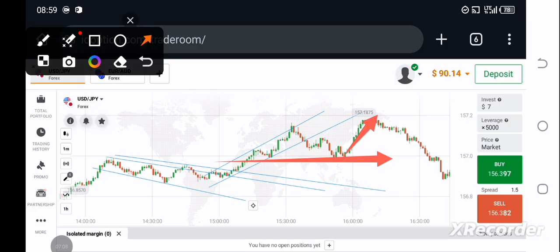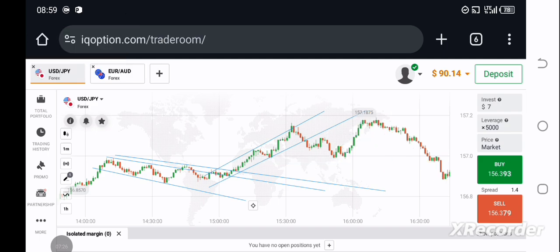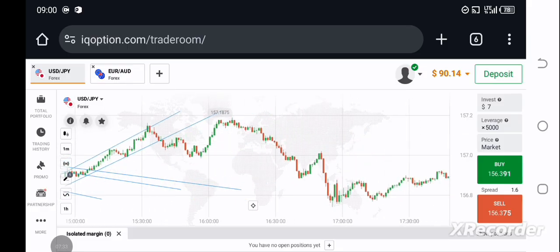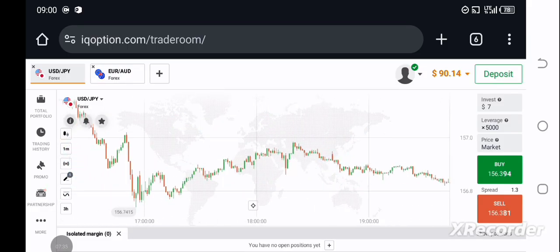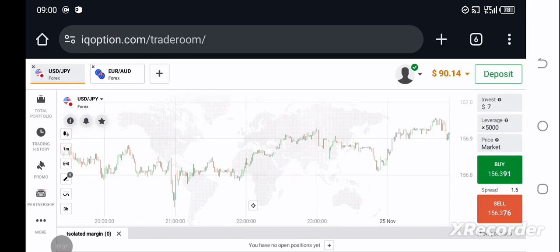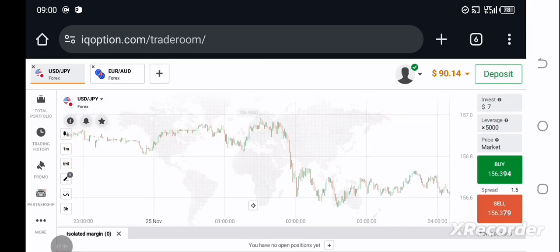Then it started to push down from this high here. So look at the time it took. Look at this candle, this bullish move alone is enough to take you out of the market. So what you are going to do now, you can see the market is in a downtrend on this 1 minute candlestick.